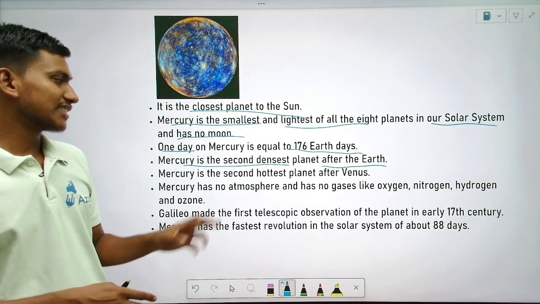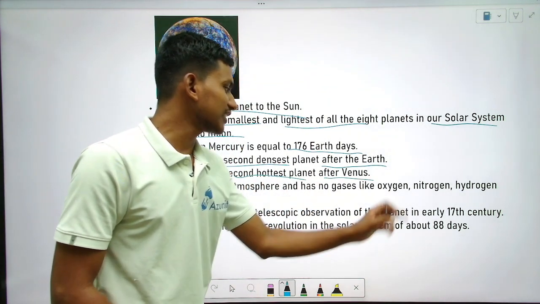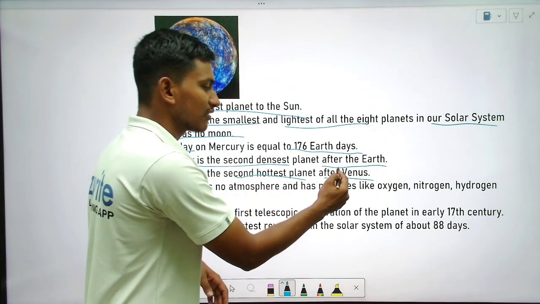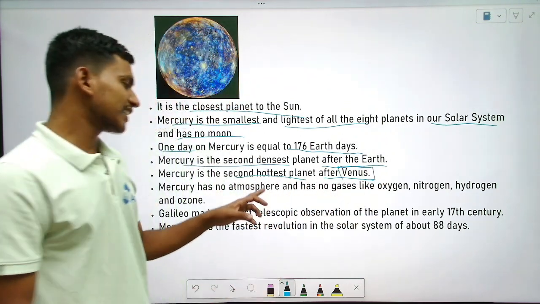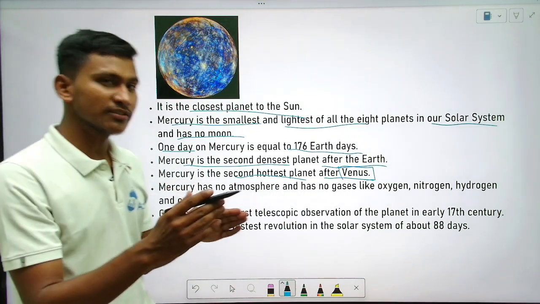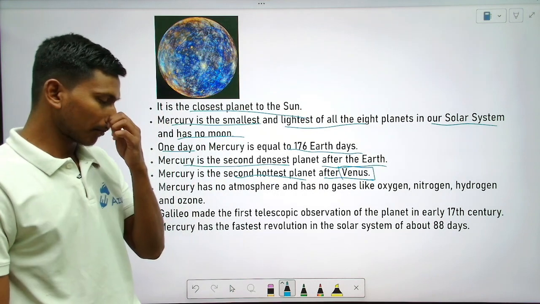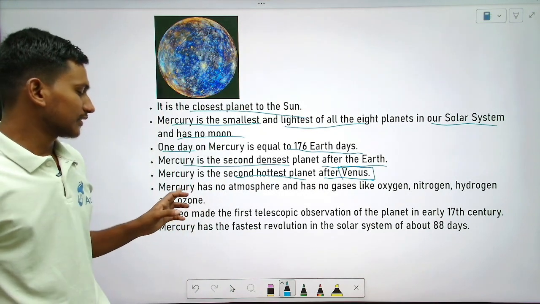Okay, it is highly dense. Mercury is the second hottest planet after Venus. So hottest planet is Venus and second hottest is what? Mercury. Why is it hottest? Because it is near to the sun. Okay, yes, very good.